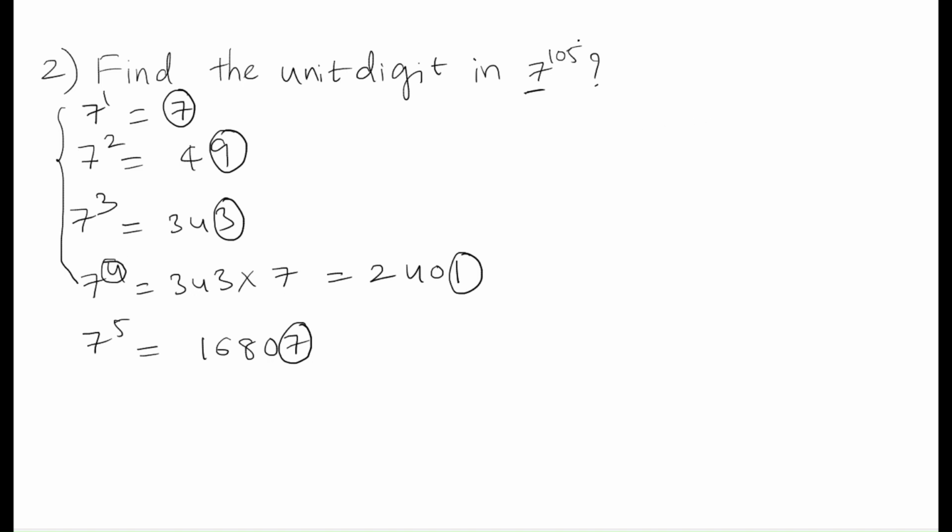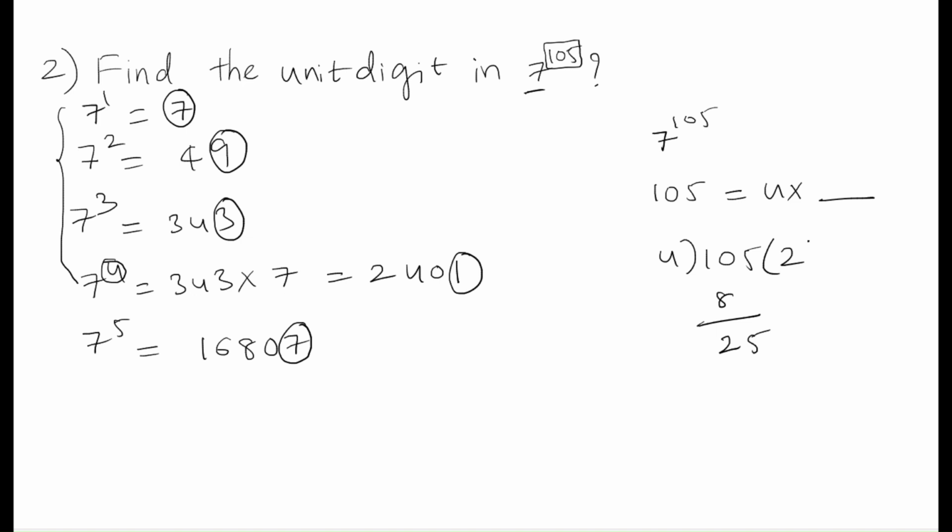So what I'm going to do is divide this power by 4, as it is repeating. So 7 power 105. How can I write 105? It is 4 multiplied by something, plus a remainder. 4 twos are 8, then 4 sixes are 24, which leaves 1. So you can write it as 4 into 26 plus 1.